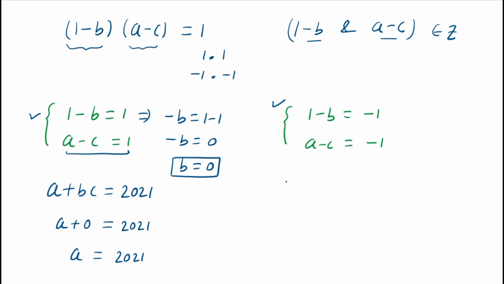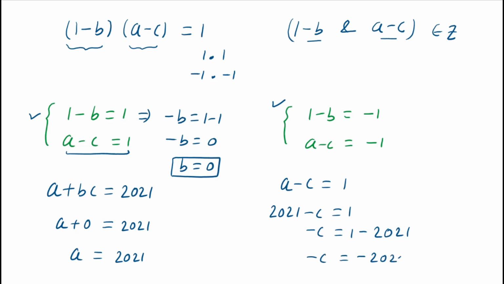Now look carefully at this equation. a minus c equals 1, and the value of a is 2021, so 2021 minus c equals 1. Then minus c equals 1 minus 2021, which is minus 2020.